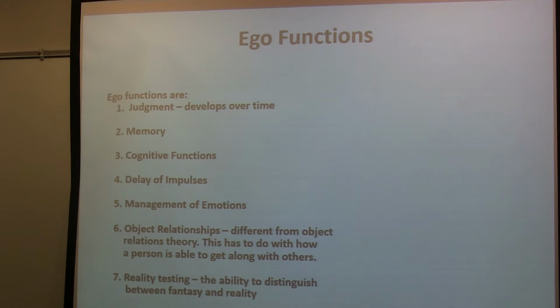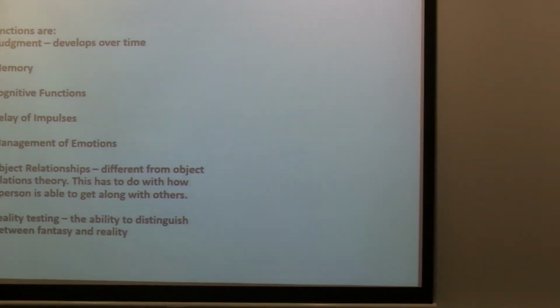Management of emotions, the ability to self-regulate is crucially important in a person's life, and it is an important ego function. If you think about someone who has dysregulation of their emotions, they have a much more difficult time in life in general, whether they're a child or an adult. So this is an important ego function.